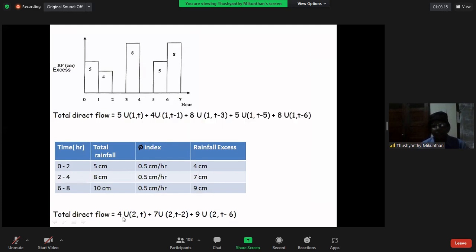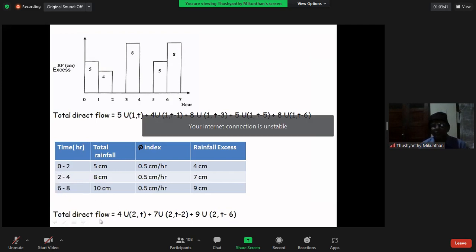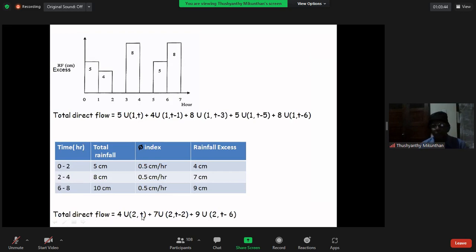Then the equation: U plus U plus U. The first rainfall, U with duration 2 hour, then times t minus 2, t minus 6. So total direct flow is equal to 4U(2T, t) plus 7U(2T, t-2) plus 9U(2T, t-6). Is it okay?